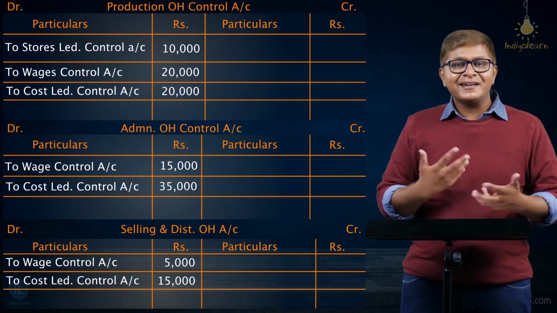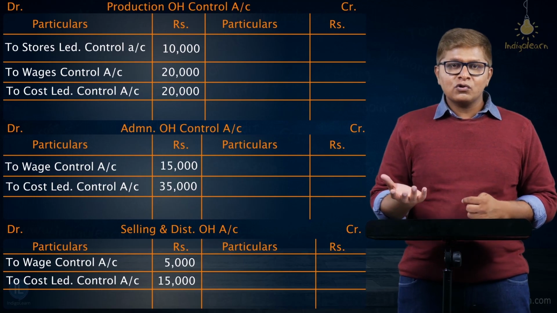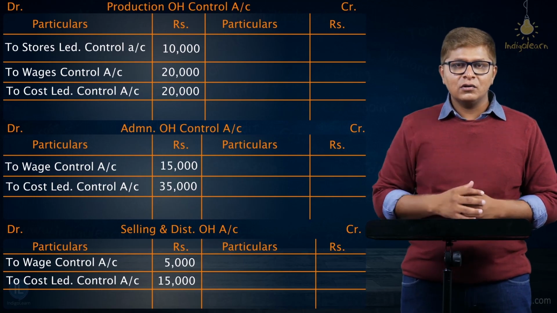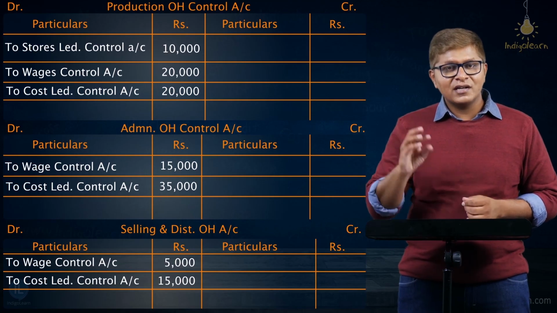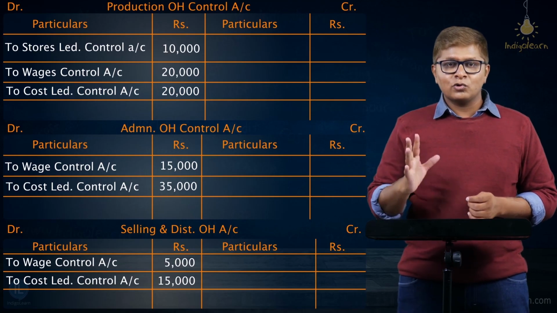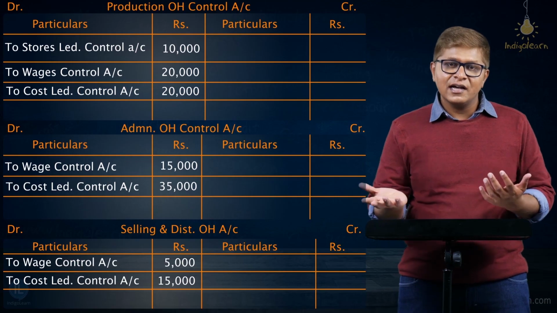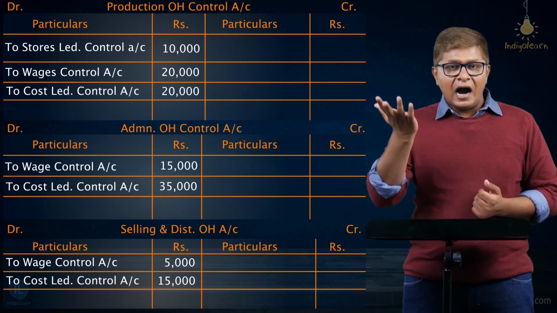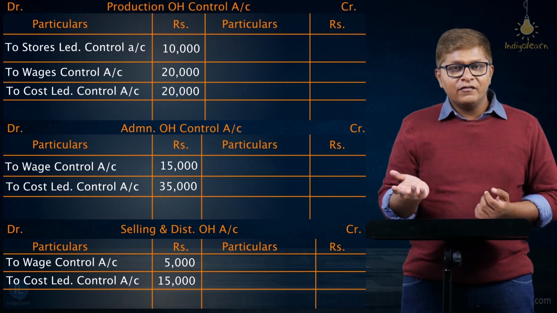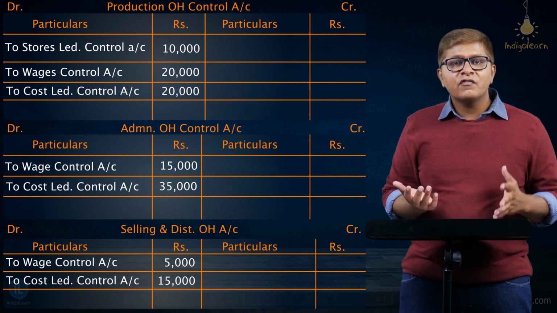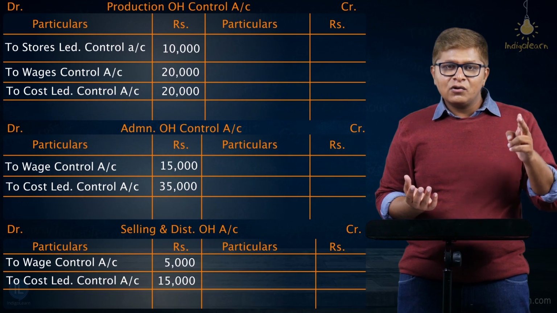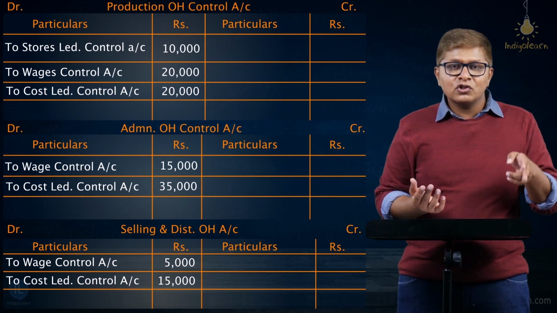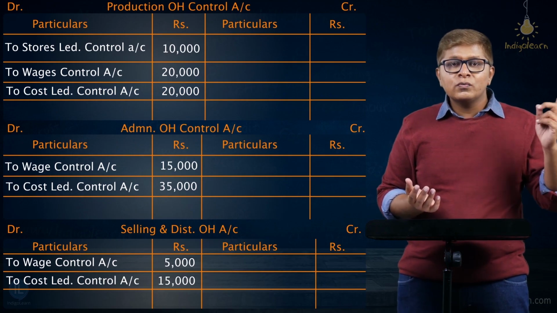Now next, they have said we have absorbed 45,000 worth of production overheads. Let's see what is the treatment of this. If we go to our production overhead control account, on the debit side, we have a total debit of rupees 50,000. So the total production overheads that we have incurred is 50,000. They are saying out of this 50,000, we have absorbed worth rupees 45,000. So 45,000 rupees we are going to transfer from the production overhead control account to which account?